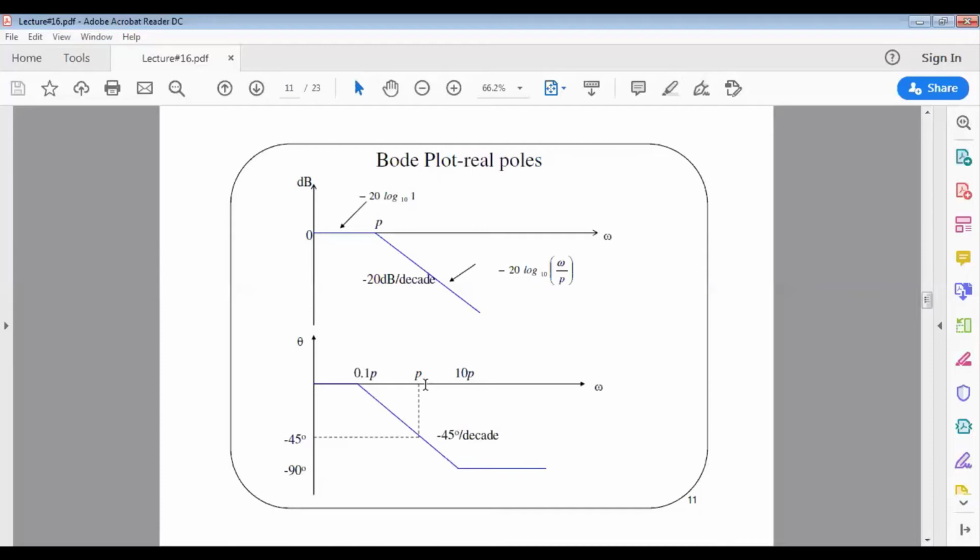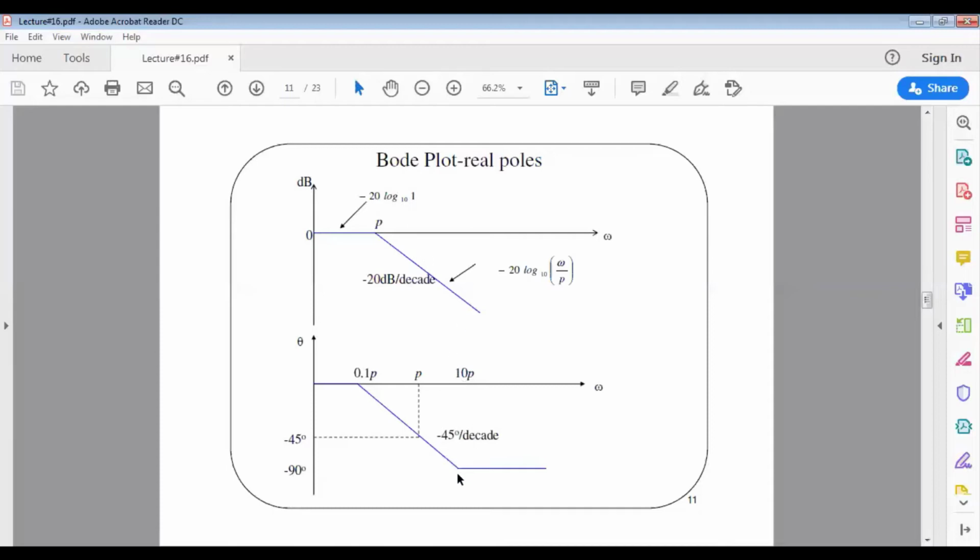So again, I repeat. When we have a real pole case, your amplitude plot will look like this: 0 dB until the pole value, and then we are going to have a slope of negative 20 dB per decade for a value of frequency higher than the pole value.